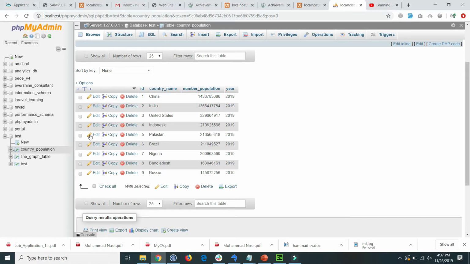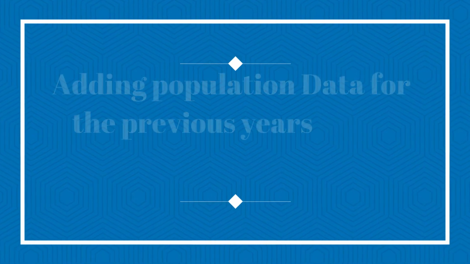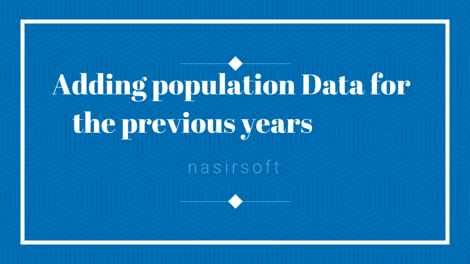After that, in the country population table there will be data of all 9 countries for the years 2019, 2018 and 2017. I will add the 2018 and 2017 data through a query in the SQL tab, or you can add it manually one by one.